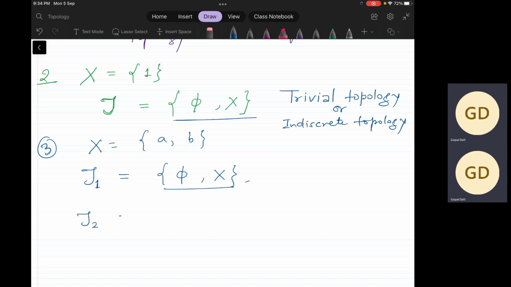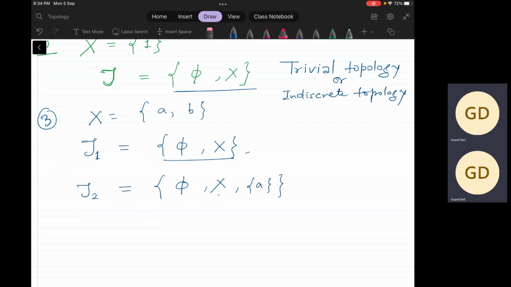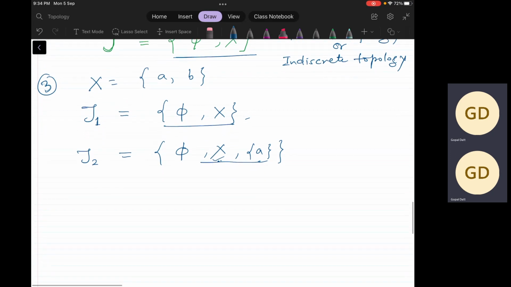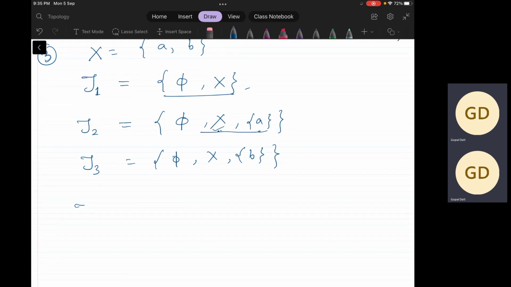What is the second? Empty set and X would be there, then we can take A. This is also a topology. The intersection of these two is A, which is already there, and the union of these subsets is X, which is already there. So it is easy to see that tau 2 is a topology on X. Similarly, this is also a topology on X. Is there any other topology?